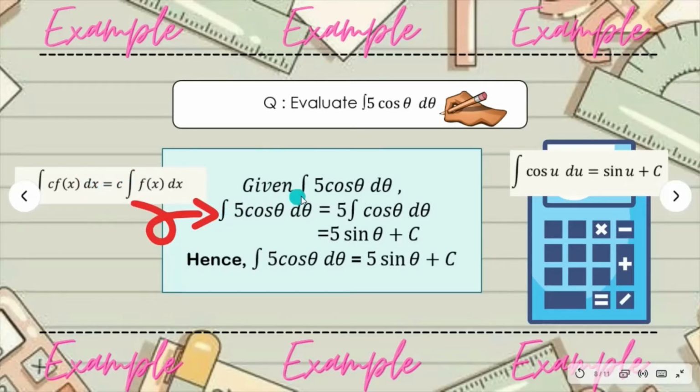So when we separate this constant in front of the integral, we will have 5 times the integral of cos theta, only this one. And we know that if we integrate cos u with respect to u, we will get sin u plus C. So we apply it here, we will get 5 sin theta plus C.